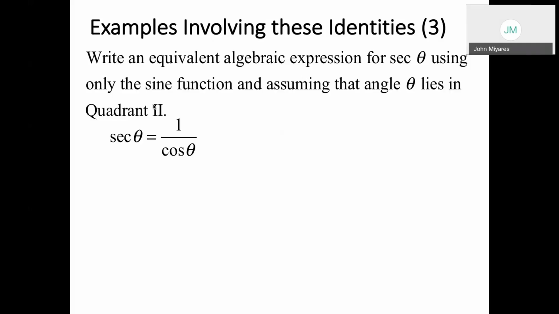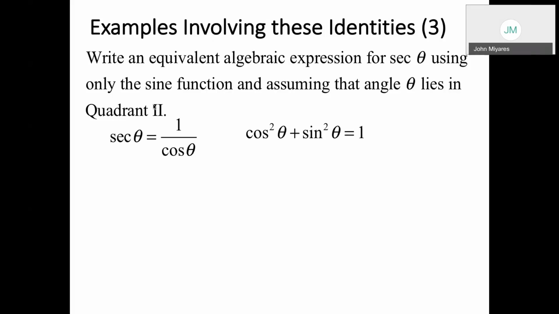However, we do have a Pythagorean identity that connects cosine to sine that says cosine squared plus sine squared equals 1. Now, perhaps if we rearrange this and put the two identities together, we might be able to get somewhere with this.